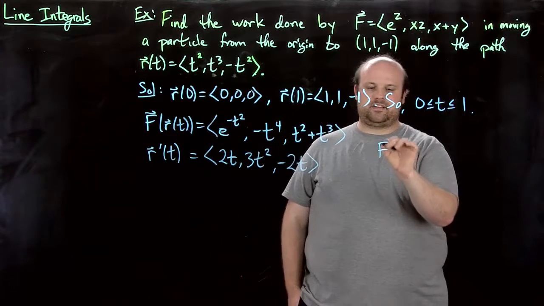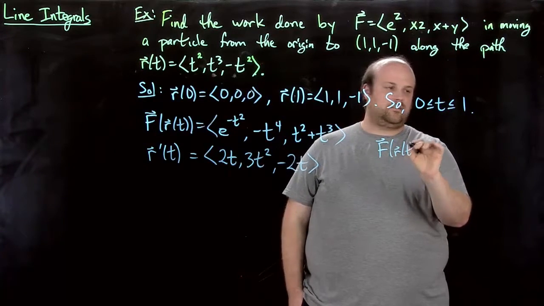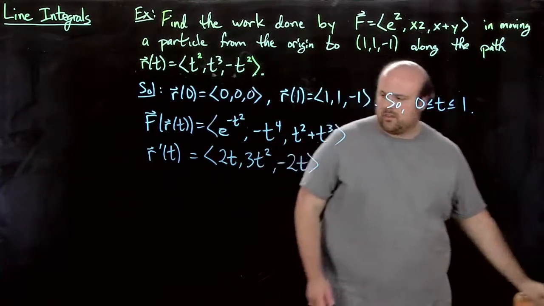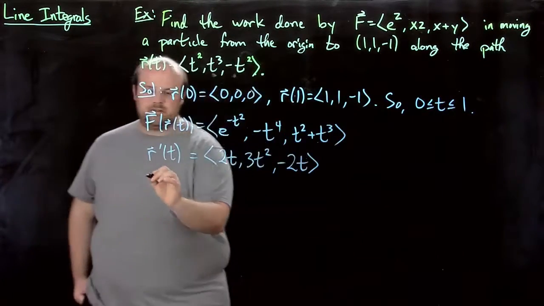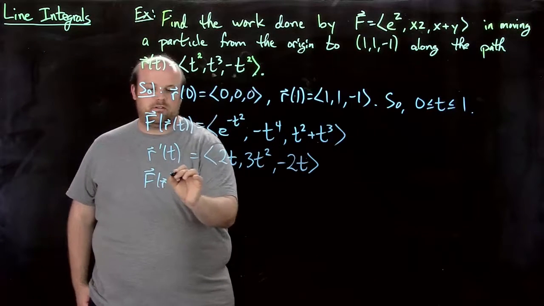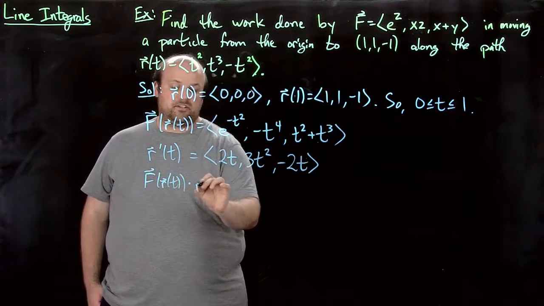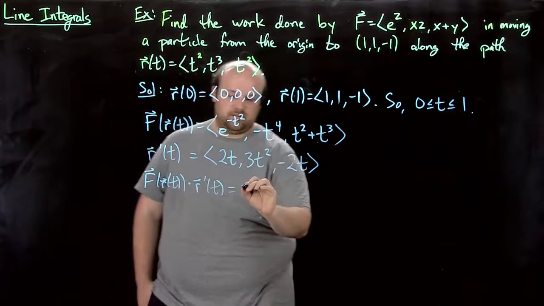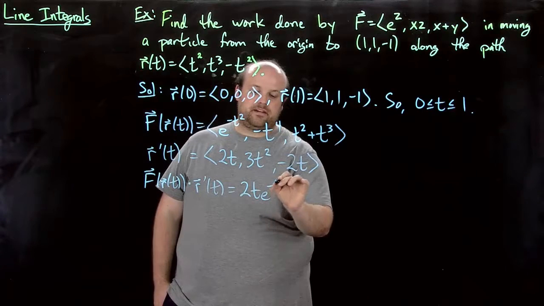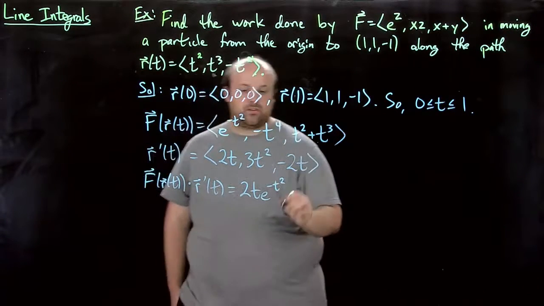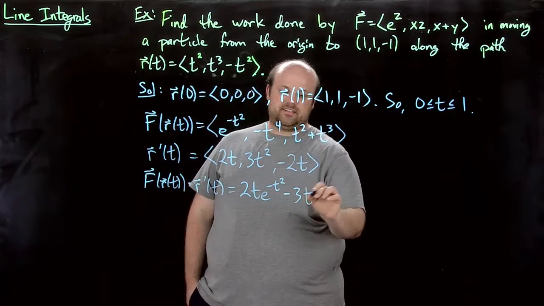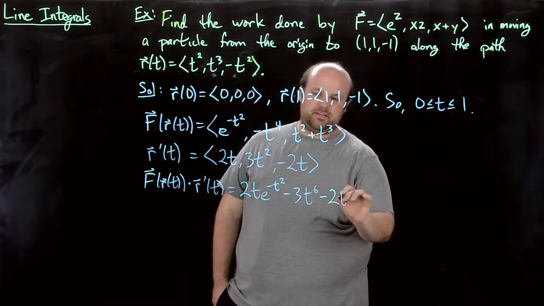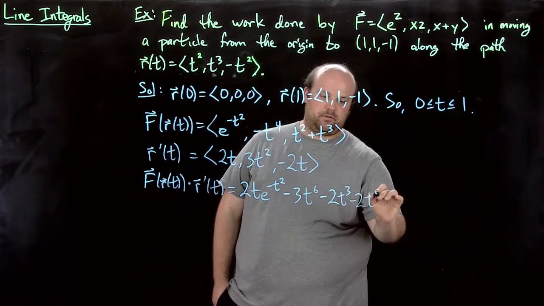So let's take the dot product, F of r of t dot r prime of t. Actually, that probably won't be enough room, so let's just do it down here. We have 2t times e to the minus t squared, minus 3t to the 6th, minus 2t cubed, minus 2t to the 4th.